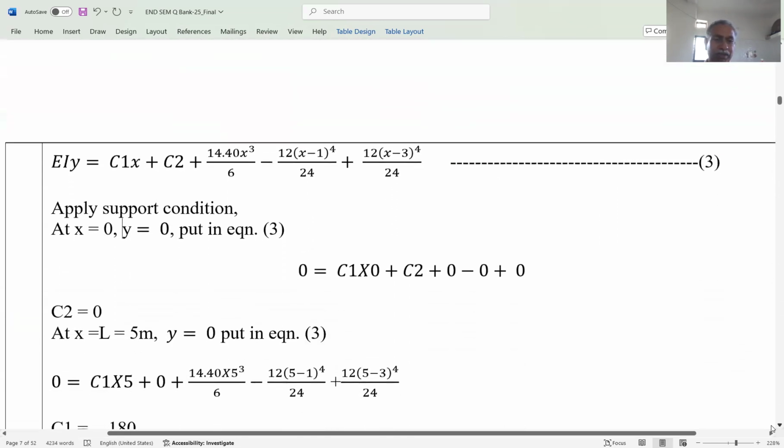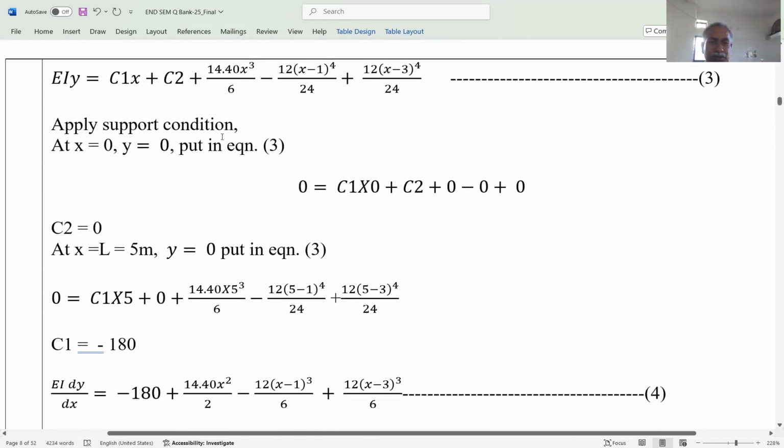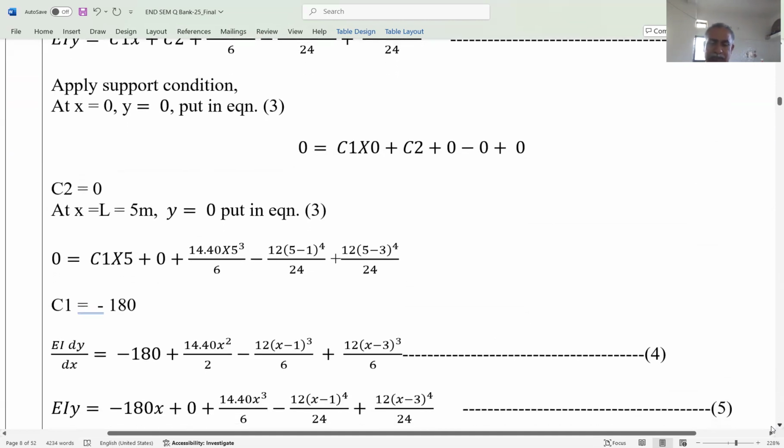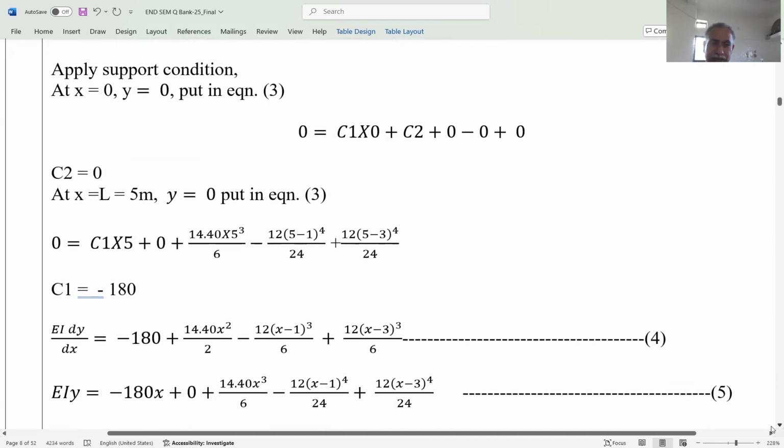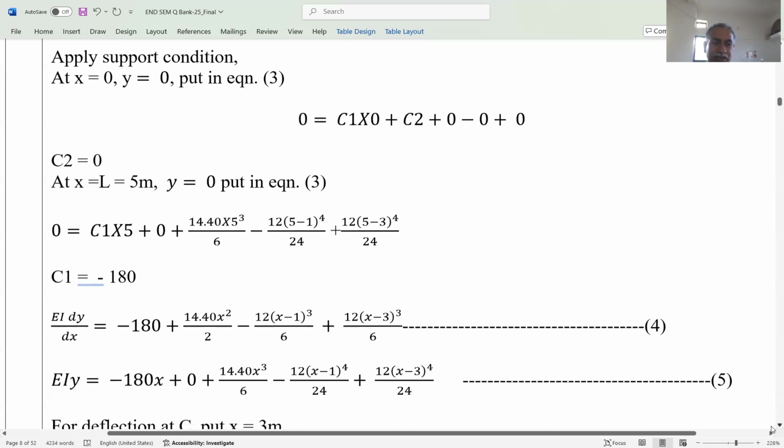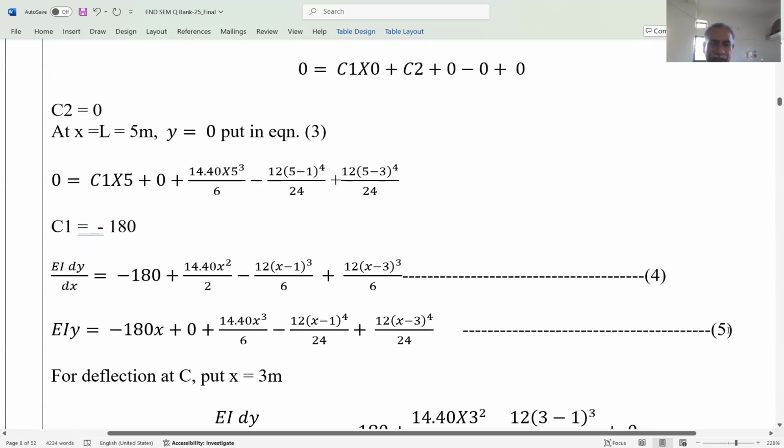When I put x is equal to 0, y is equal to 0 in equation number 3, we get C2 is equal to 0. And when I put x is equal to L, that is 5 meter, at support D, y is equal to 0, in the same equation number 3, we get C1 is equal to minus 180. After replacing the values of C1 and C2 by minus 180 and 0, we get equations number 4 and 5. Equation 4 is related with the slope and 5 is related with the deflection.